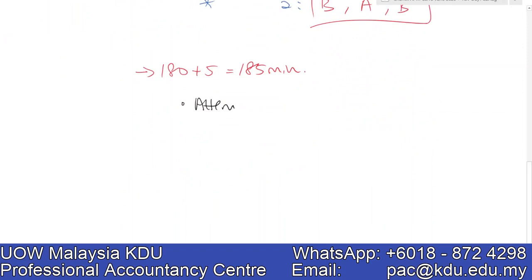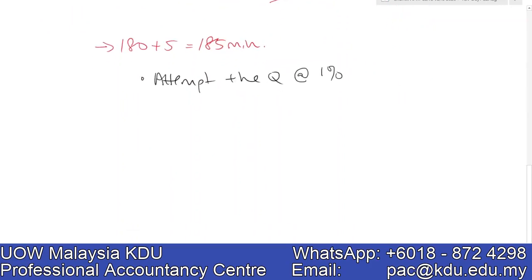Attempt the questions with the following speed. I know a lot of lecturers and a lot of books say 1 mark, spend 1.8 minutes. Everyone should know the mathematics. Me, I tell you, 1 mark, spend 1.5 minutes. You therefore will allocate 2.5 hours to attempt all the 3 questions.